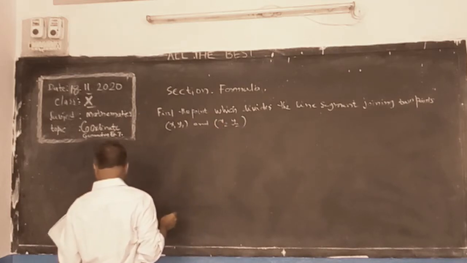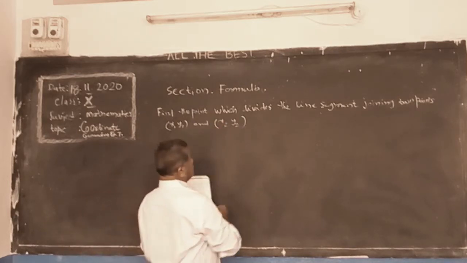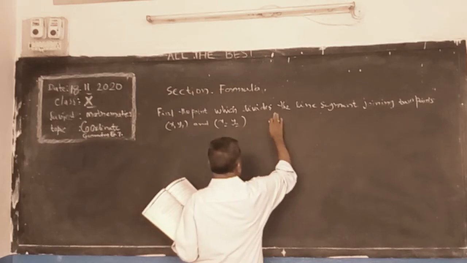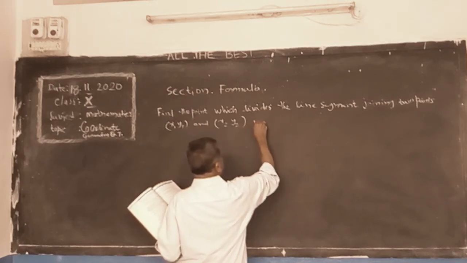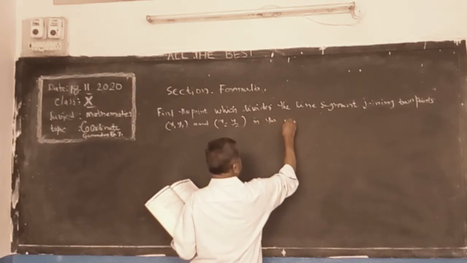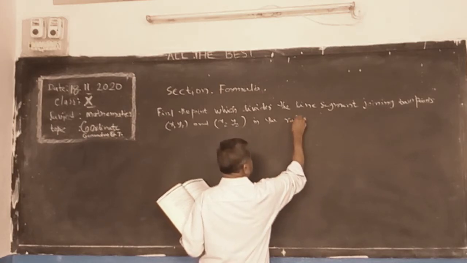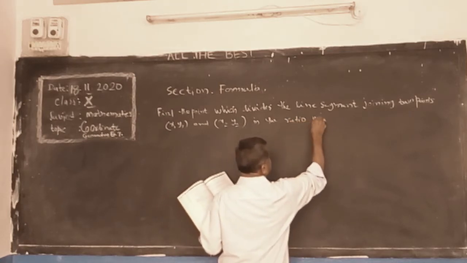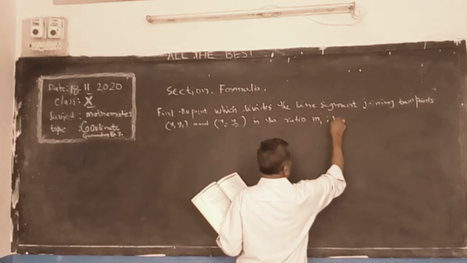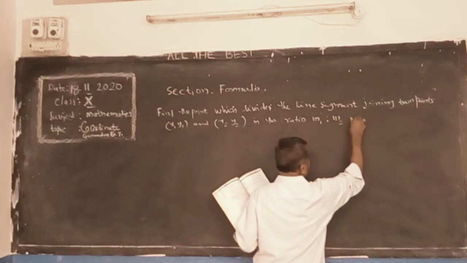Dividing in the ratio m1 is to m2 internally.